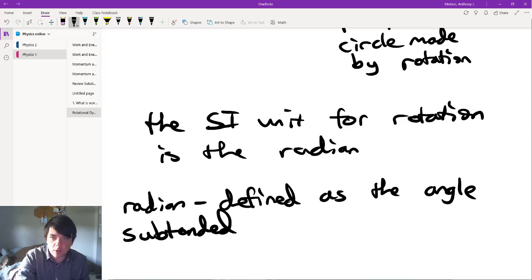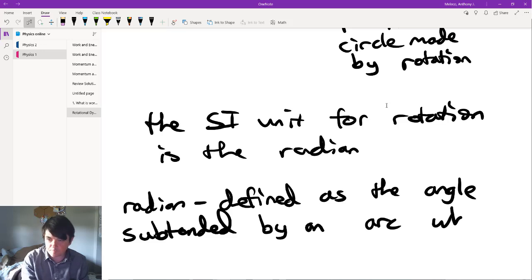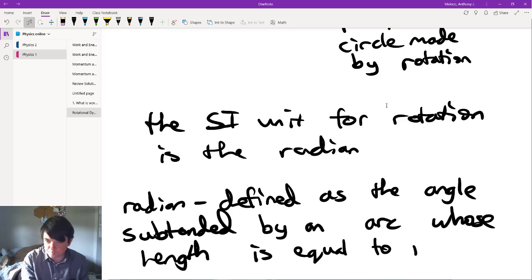So I'll just write the whole thing and I'll describe it. So the angle subtended by an arc whose length is equal to its radius.